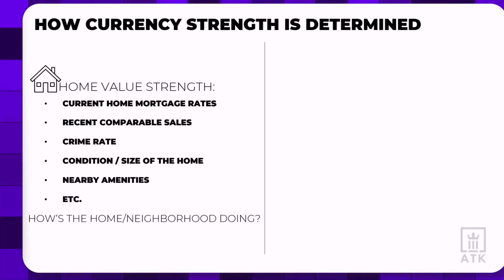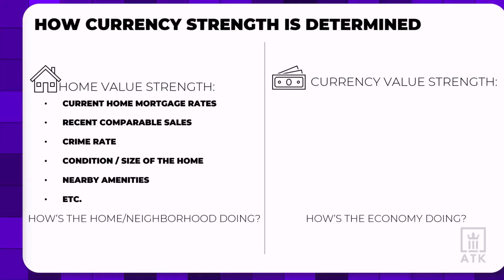You can look at the current home mortgage rates, the homes that were recently sold, the crime rate of the neighborhood, the condition of the home, and nearby amenities. All of these things will tell you how the home in that neighborhood is doing. The same way that we look at a home and determine its value through different indicators, we look at world currencies in the same manner.